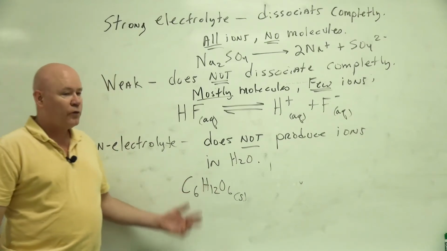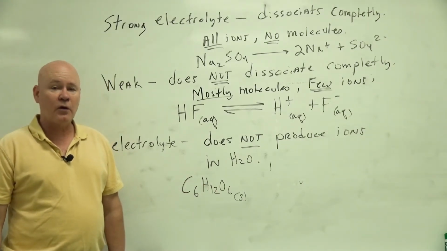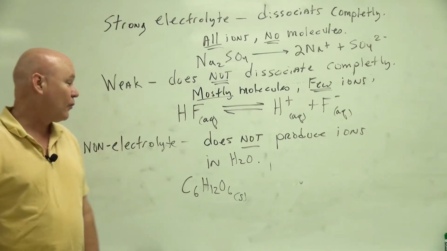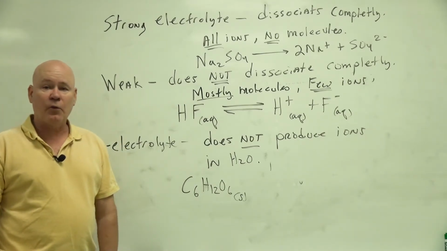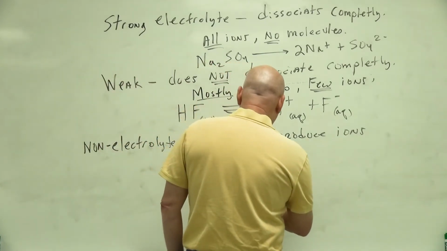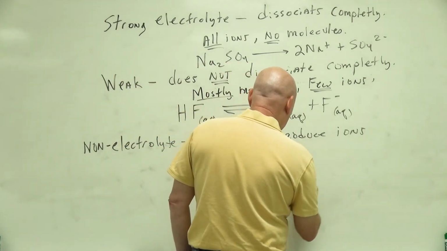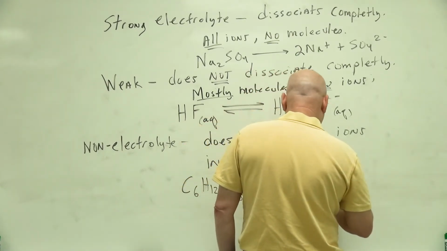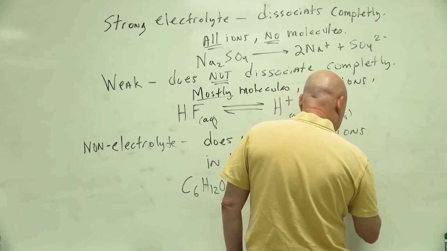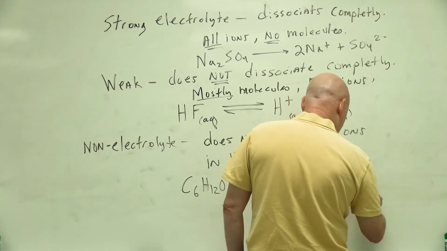And glucose is a sugar, and if you recall, what does sugar look like when it's in the sugar bowl? It's solid, it's crystals. And when you stir it into water, what happens to the sugar? It dissolves. So it goes from solid to being aqueous in water. But glucose is a molecule. It's not an ionic compound.